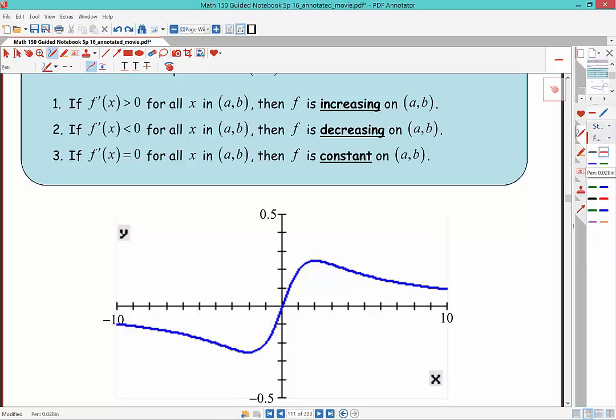We've learned that relative extrema only exist at critical numbers, right? So here, this right here, wherever this is, call it C1. And then this guy over here, I don't know, it's about right here, call this one C2.